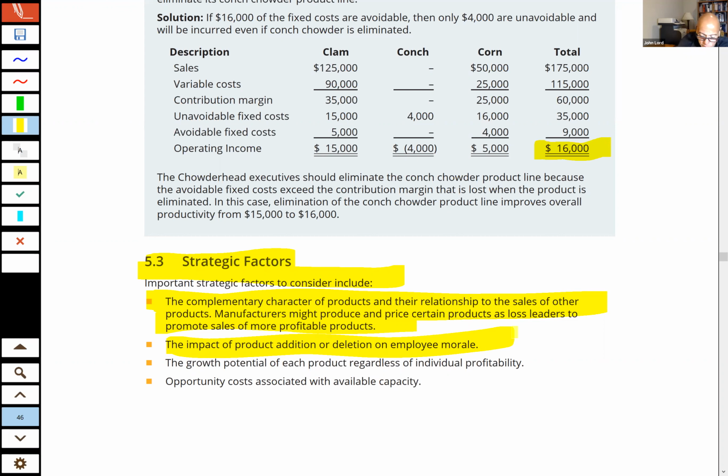Now all the employees are upset. The growth potential of each product, regardless of individual profitability, and opportunity costs associated with the available capacity. In other words, maybe if we get rid of conch, we could start producing some other product that might have even higher contribution margins. So you'd have to consider that too.